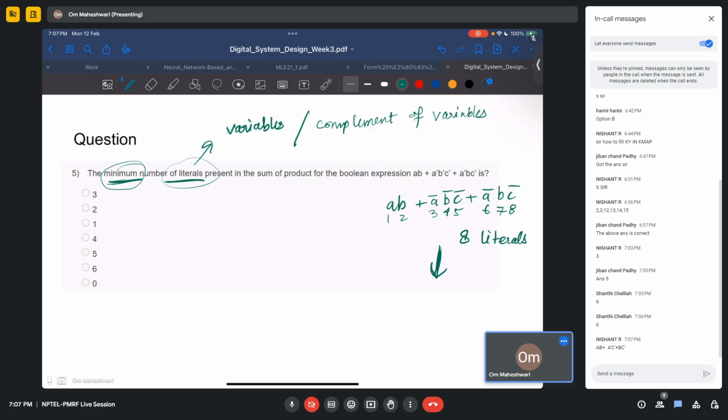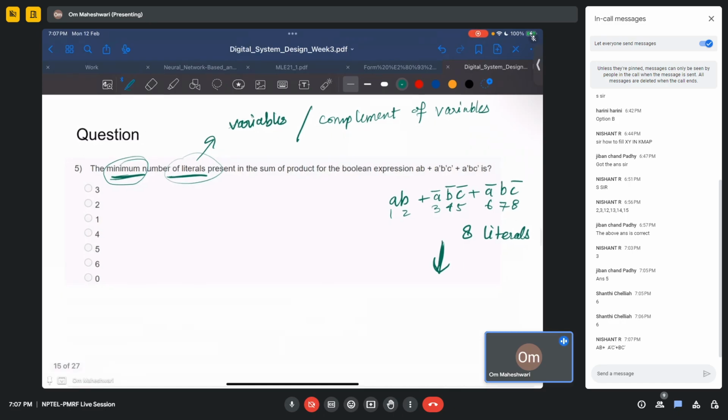Okay, fine. So let us see how to solve this. You have AB plus A bar B bar C bar plus A bar B C bar, right? So what you can do is simply take something common.